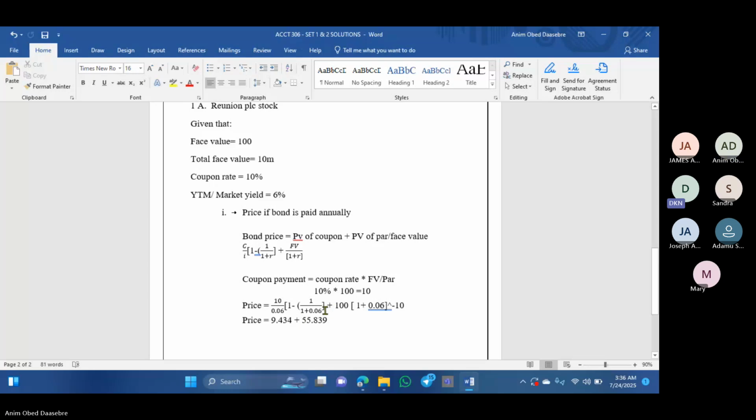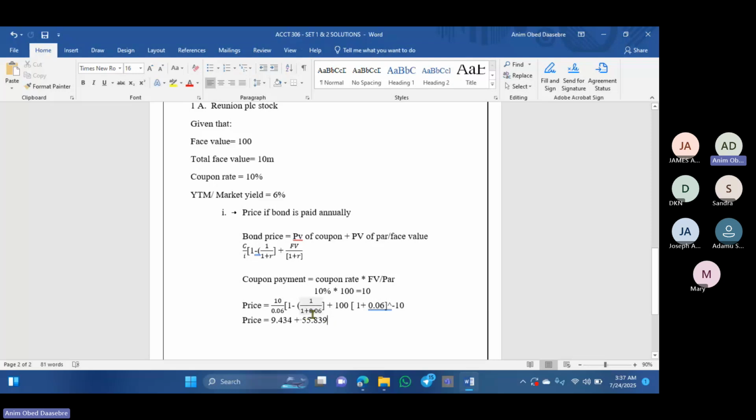I cannot raise it to the power 10 on this. So in your formula, when you are doing the brackets 1 plus 0.06, raise it to what? Power 10, the whole bracket? No, only the down one. Yeah, over 10.